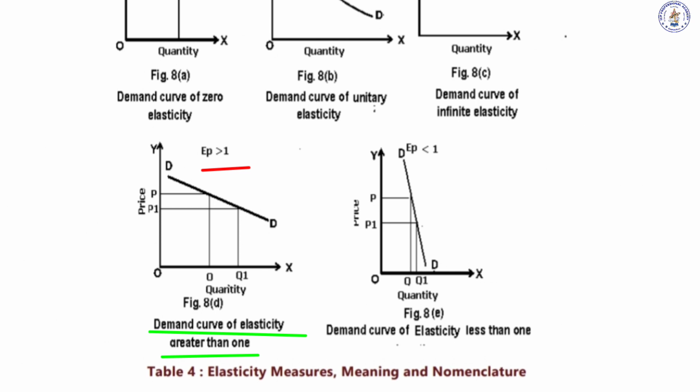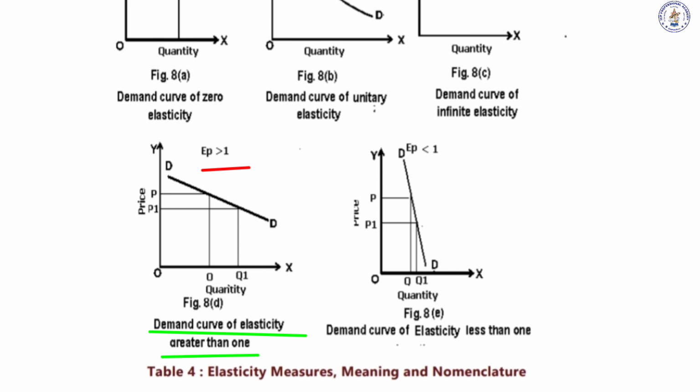See here, when the price moves from 1P to 1P1, the quantity demanded changes from 1Q1 to 1Q. From the figure itself, you can see on the y-axis, the difference between P1 and P2 is less than the difference between Q and Q1. So the elasticity here is greater than 1.